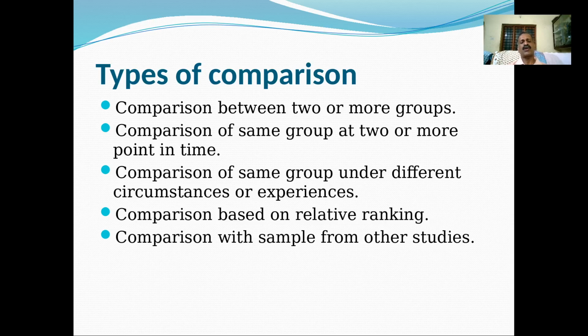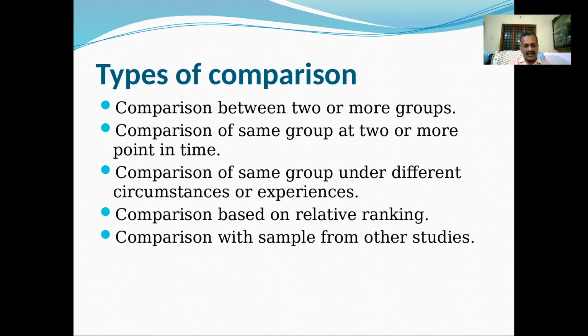Another type of comparison we can do in research studies is the comparison of the same group at two or more points in time. For example, we are doing a study on heart rate. Just before doing an exercise, at rest, this is the heart rate. After that we ask them to do an exercise for 15 minutes and we check the heart rate, and then exercise for another 30 minutes and we check the heart rate.